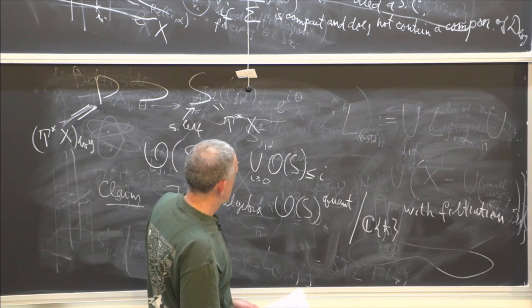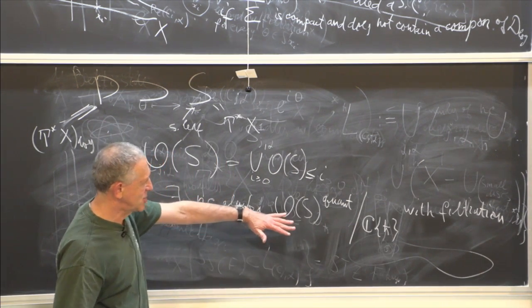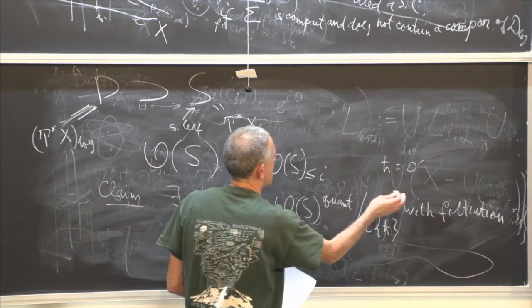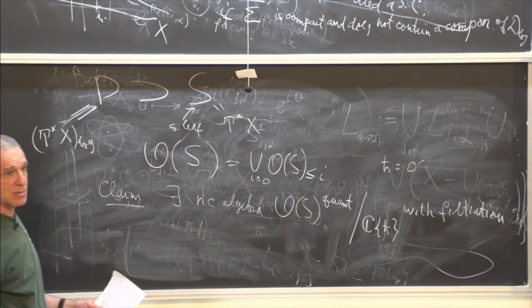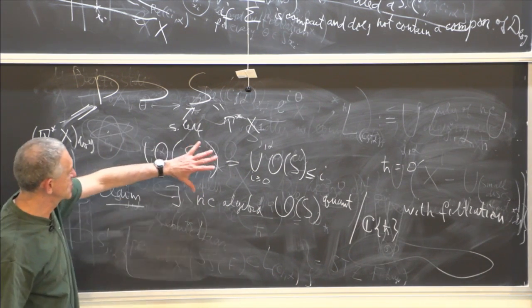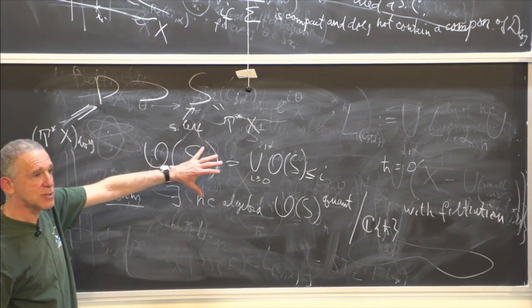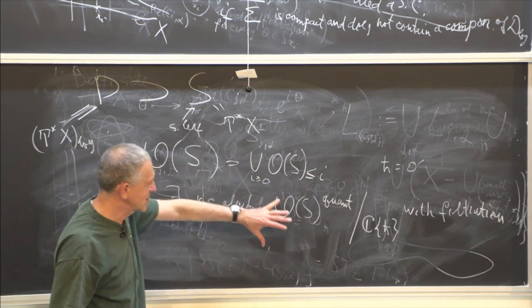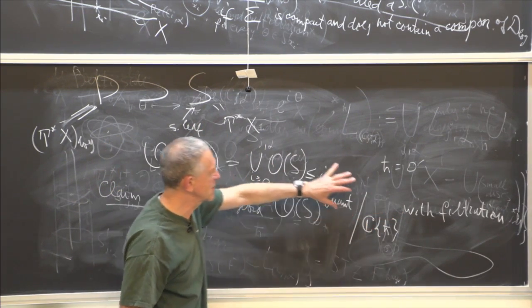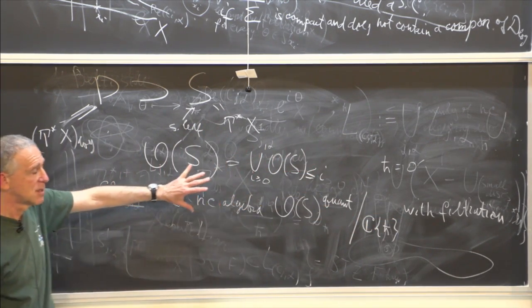Modulo h, which means if we replace h equals 0, this story reproduces the algebra with its Poisson bracket. So its quasi-classical limit is this story, and the filtration corresponds to this filtration.